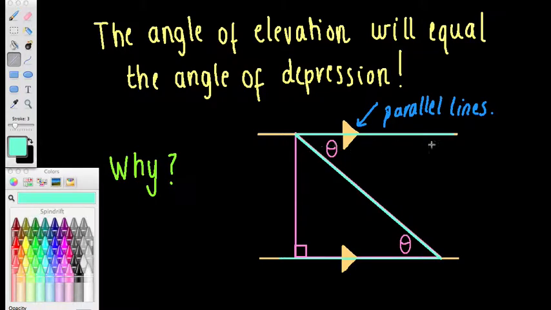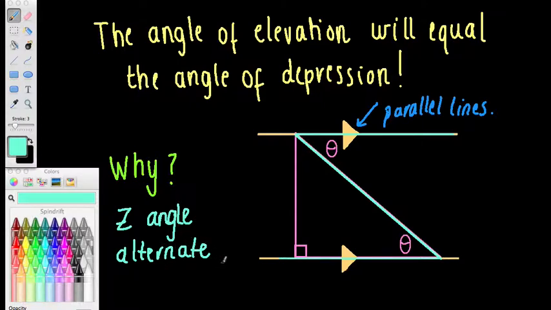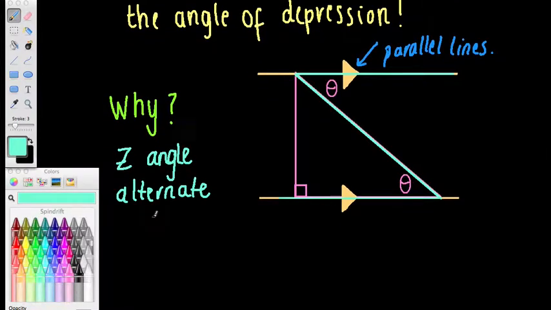There's a Z there. Now I wonder, thinking back to year 8, can you remember Z angles? You might remember that a Z angle is an alternate angle. Alternate angles in parallel lines are equal. So Z angle, alternate angles in parallel lines are equal.